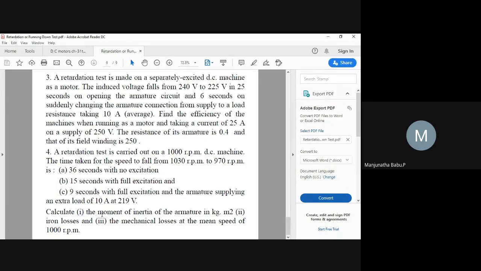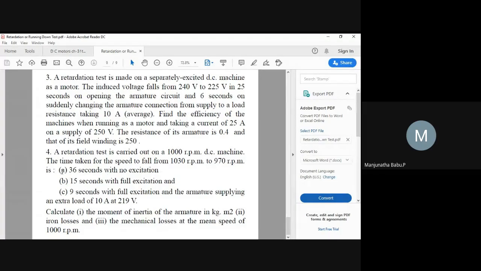So calculate the moment of inertia of the armature in kg meter square, the iron loss, and the mechanical losses at the mean speed of 1000 RPM. With respect to this data, we have to state some conditions.